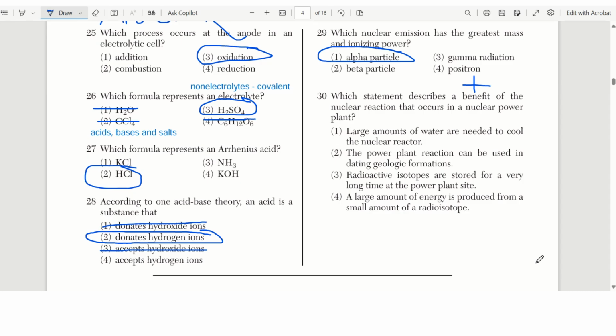Radioactive isotopes are stored for a very long time at the power plant site. Well, storing radioactive stuff doesn't sound like a positive. Hopefully this last one works. A large amount of energy is produced from a small amount of a radioisotope. Remember, yes, nuclear reactions produce a huge amount of energy, more than any other kind.